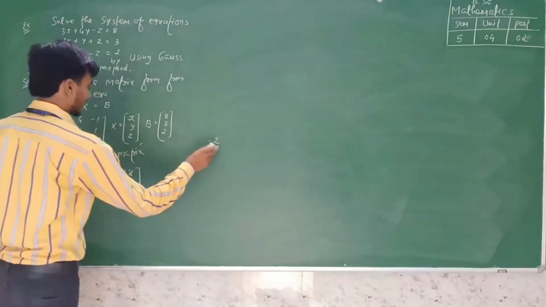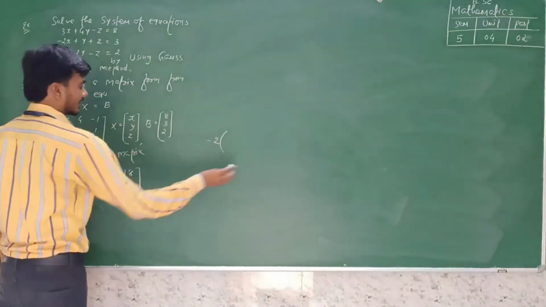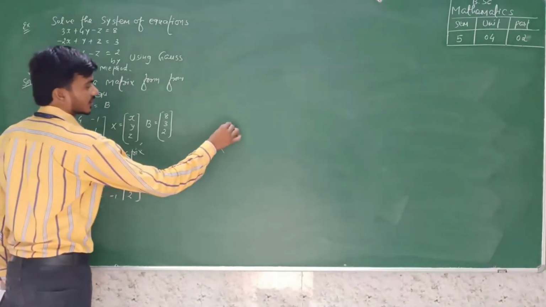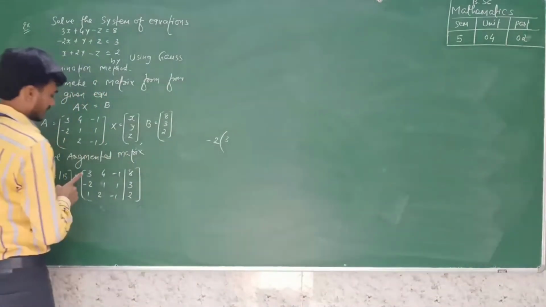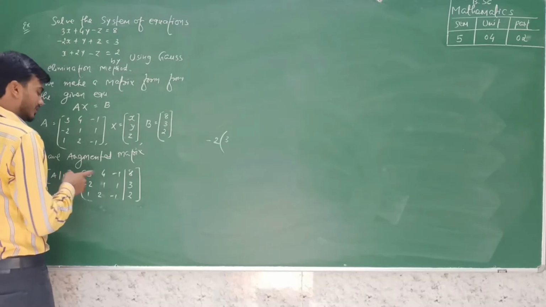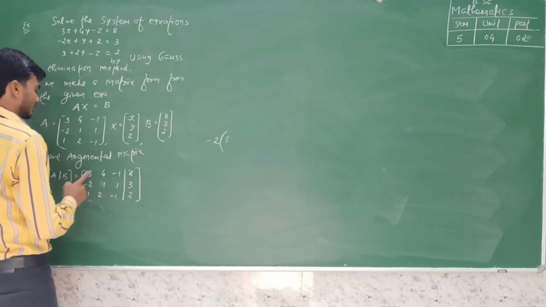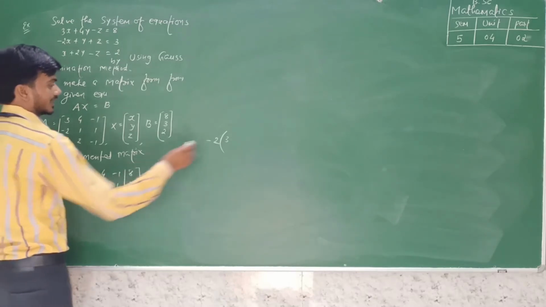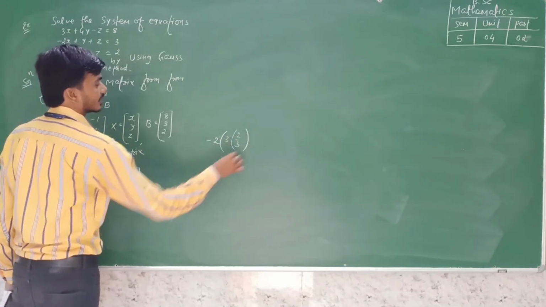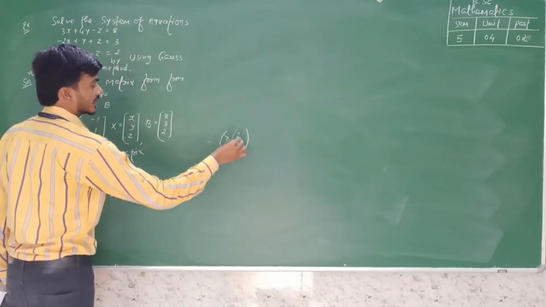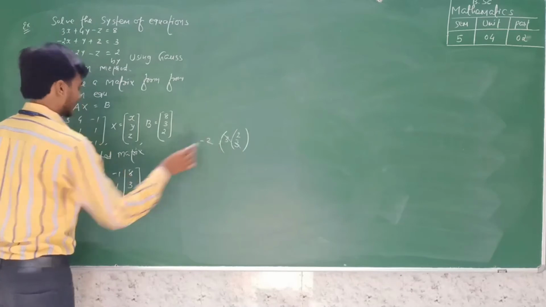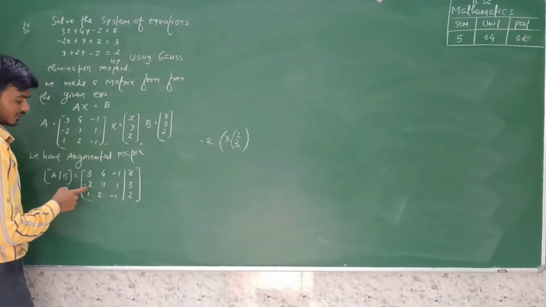Here minus 2 is there, and we add plus 2 by multiplying 3 by 2 by 3. Each and every element of this row is multiplied by 2 by 3. So the 3 cancels, and plus 2 will be added to the first element of the second row.